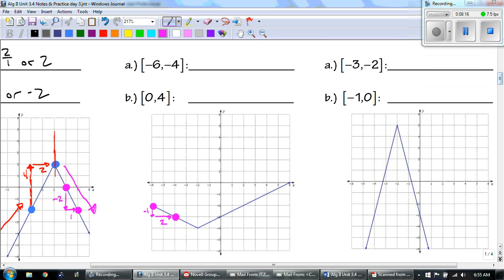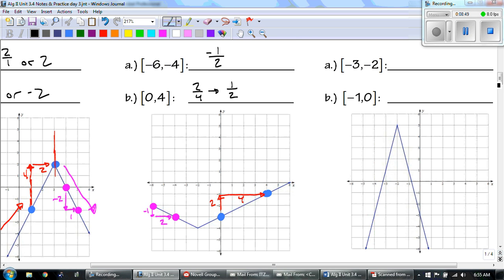So our average rate of change between those two x values is negative 1/2. But what about from 0 to 4? Well, between 0 to 4, we had to go up 1, 2, 3, 4 over 4. So that would be 2 over 4, which reduces to 1/2.